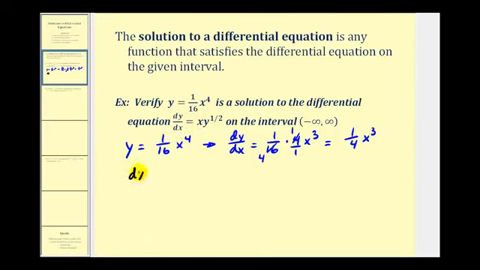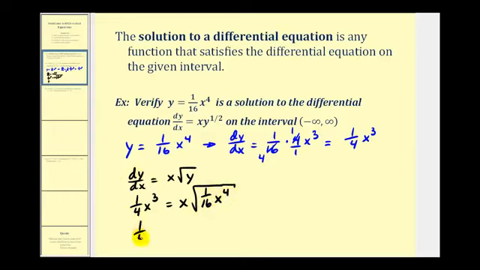To verify that dy/dx equals x times y to the 1/2, which I'm going to write as the square root of y, now we'll perform substitution here for dy/dx and perform substitution here for y. So we're going to have 1/4 x to the third equals x times the square root of 1/16 x to the fourth. 1/16 x to the fourth is a perfect square, so we have 1/4 x to the third equals x times the square root of 1/16 is 1/4.